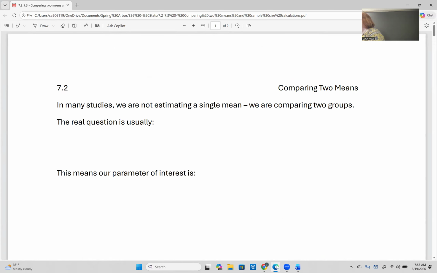I can find our note for today. So more typically, we're going to ask that question, how different are the populations?